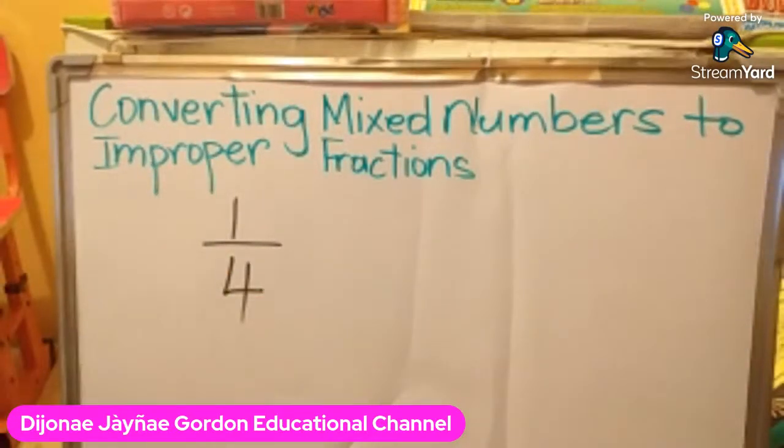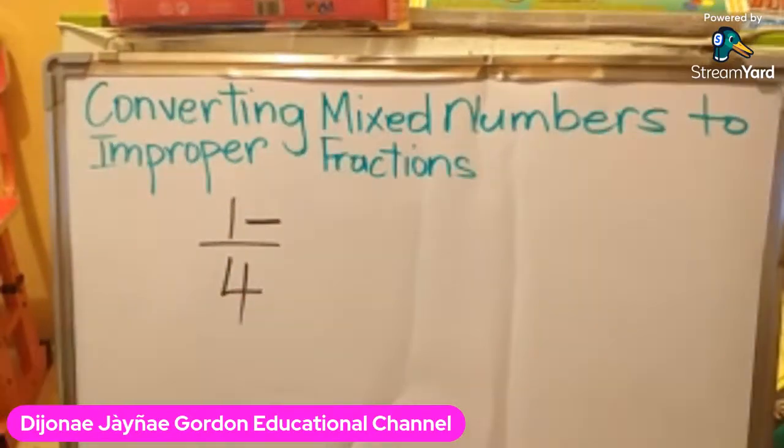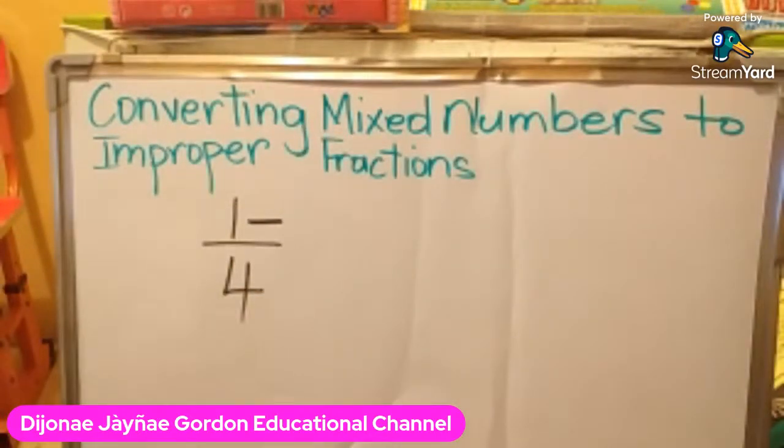You may be asking, what is a numerator? The numerator is the number that is to the top. And the denominator comes to the bottom.